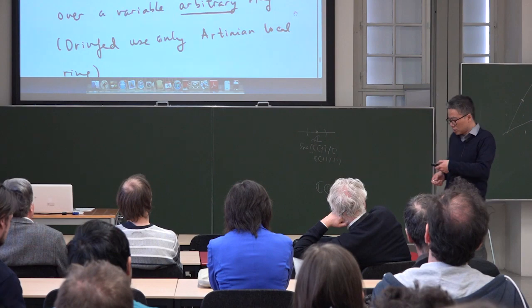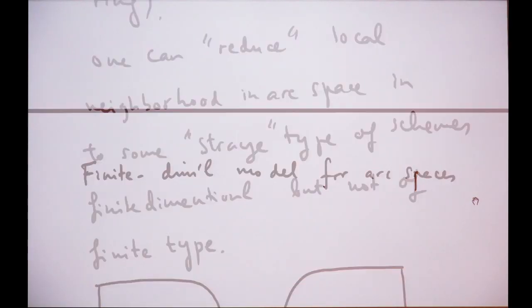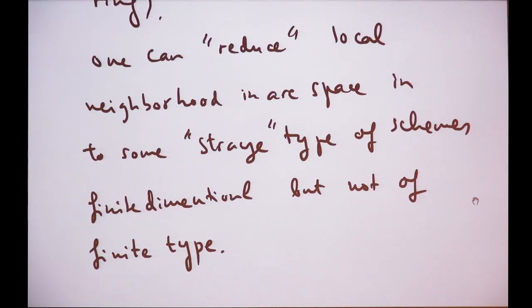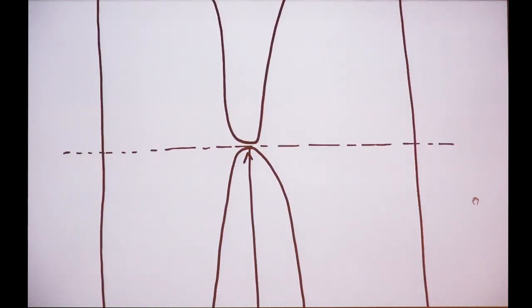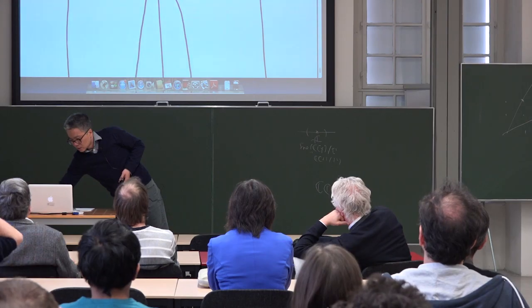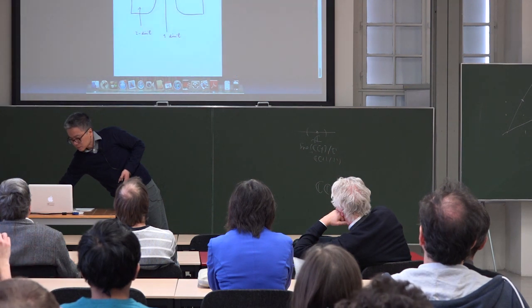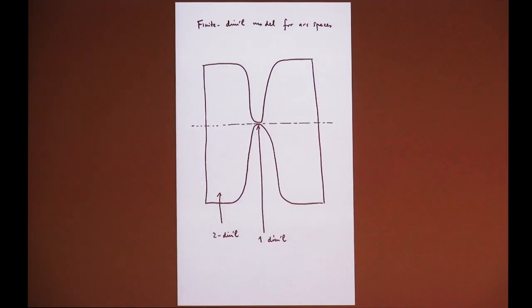That is what I call a scheme of strange type. This is one typical example of a scheme of strange type.